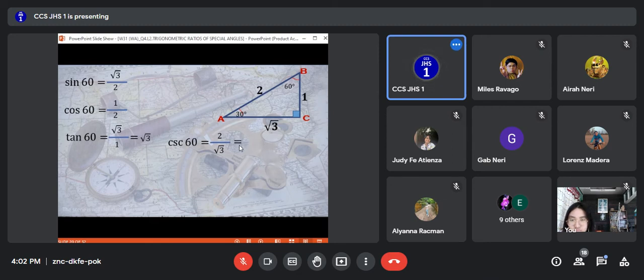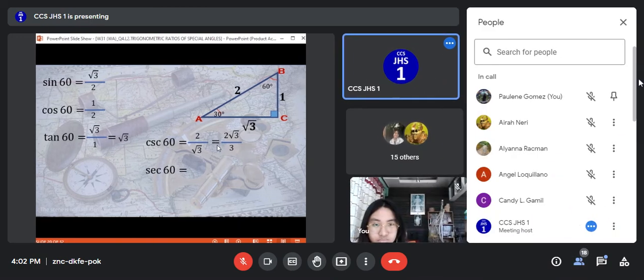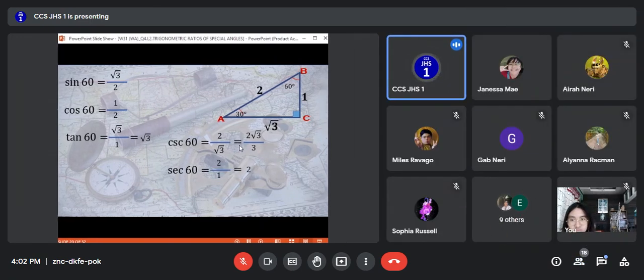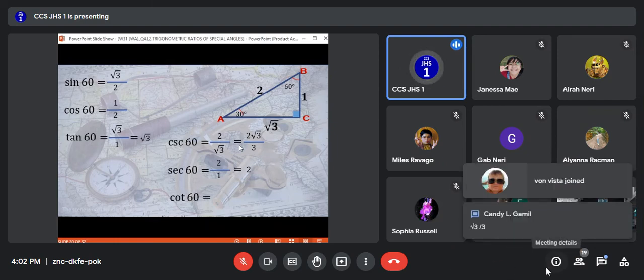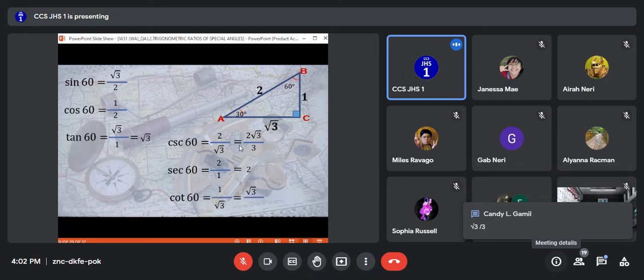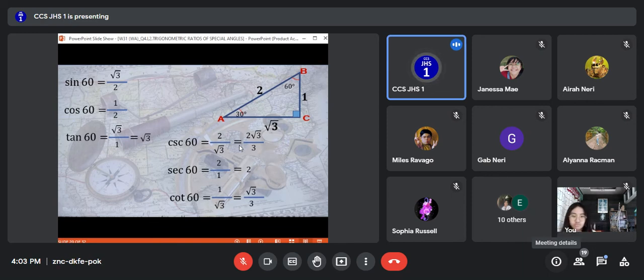Next, secant 60. 2. Okay, very good. And then last, cotangent 60. Square root of 3 over 3. Very good. So these are for the 60 degrees.